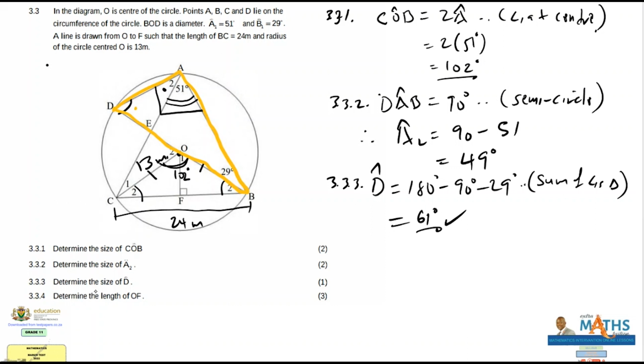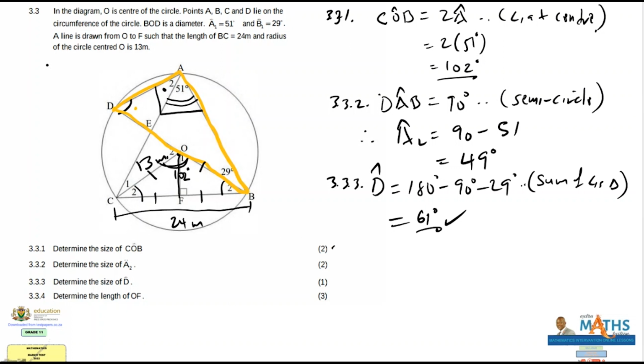The last one now is to find the length of OF. Where is OF? There is OF. We have a line drawn from the center of the circle perpendicular to the chord. Yes, it will bisect the chord.